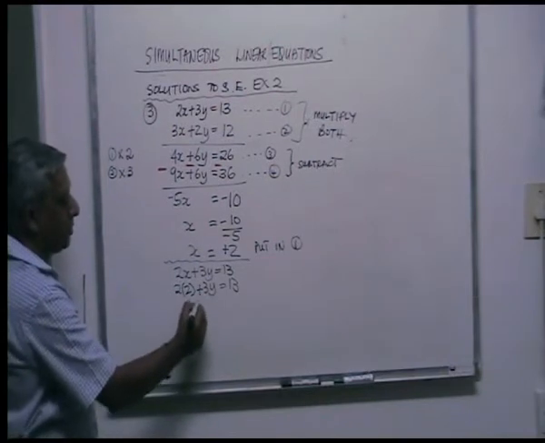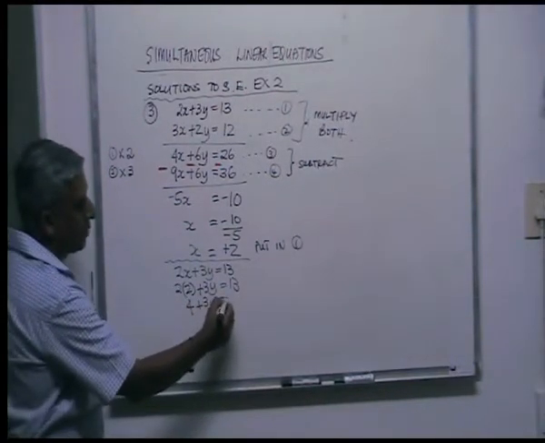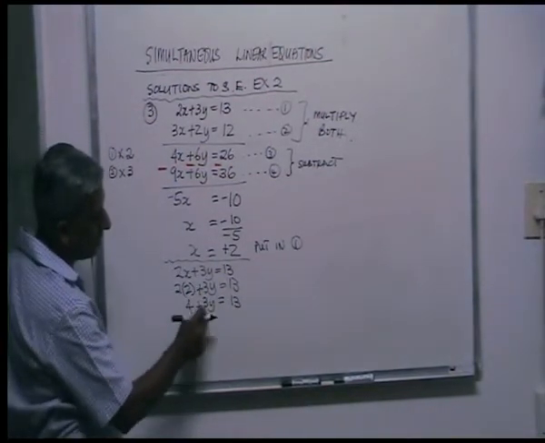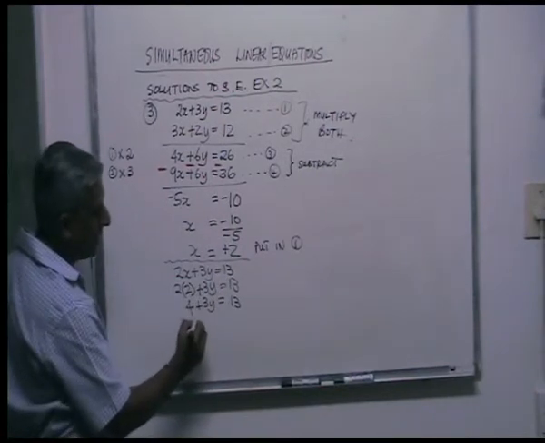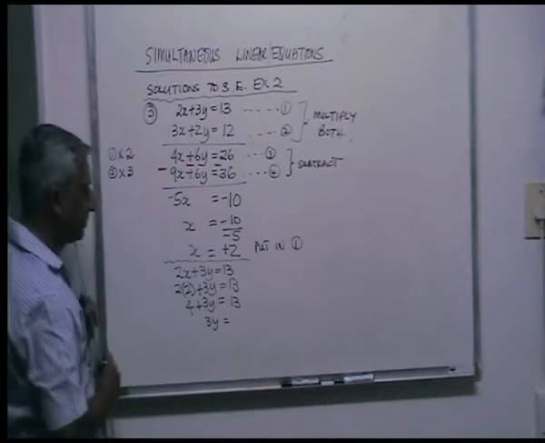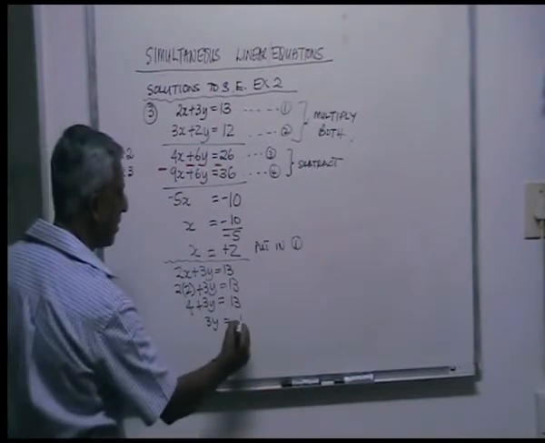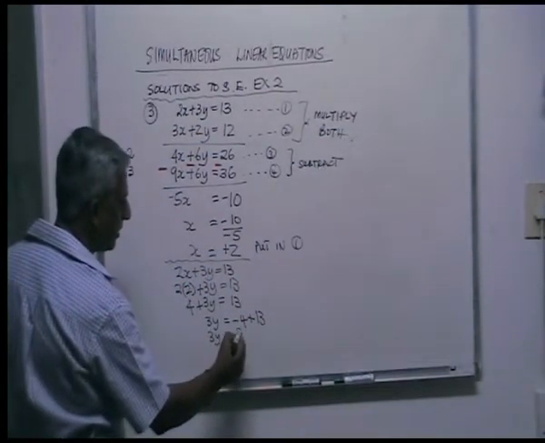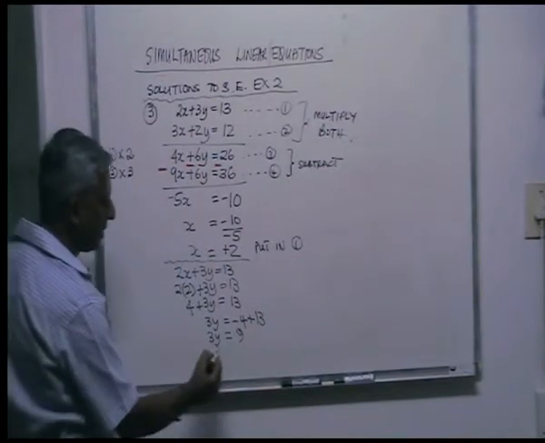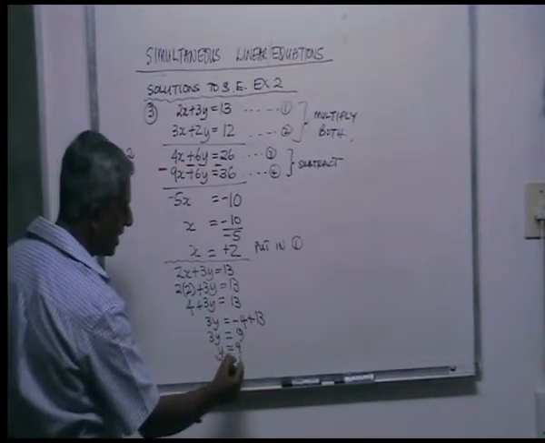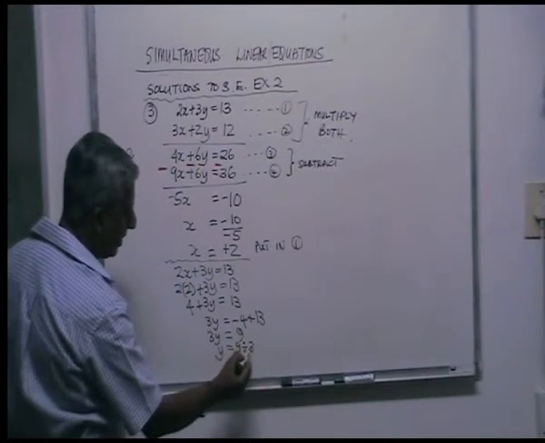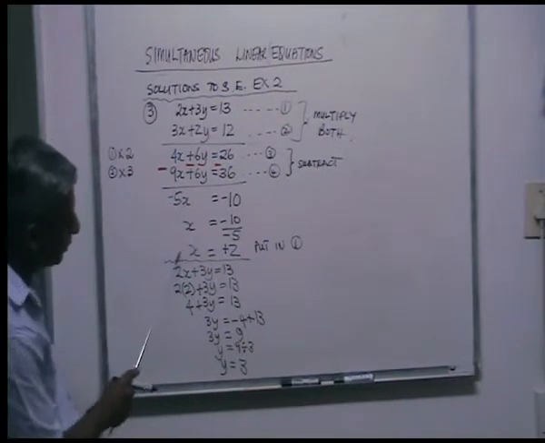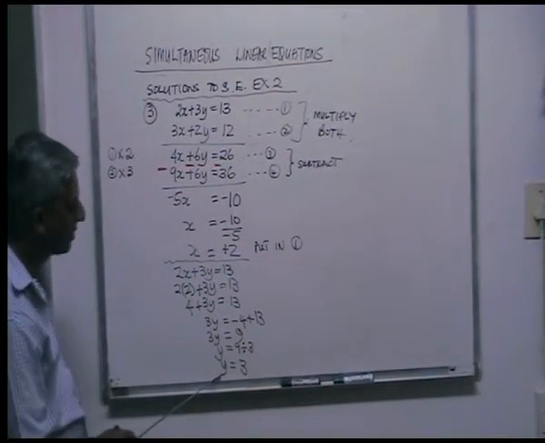So 2 2's 4 plus 3y is equal to 13. Now 3y is equal to, the 4 must go across, minus 4 plus 13. 3y is equal to 9. Y is equal to 9 divided by 3. So y is equal to 3. So your final answer, x is equal to 2, y is equal to 3.